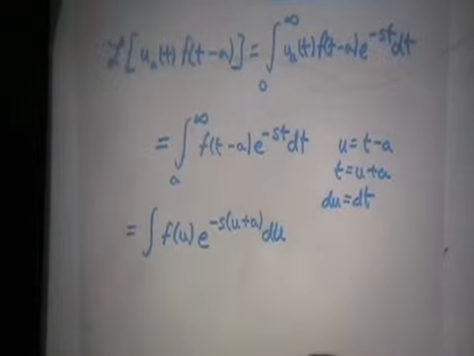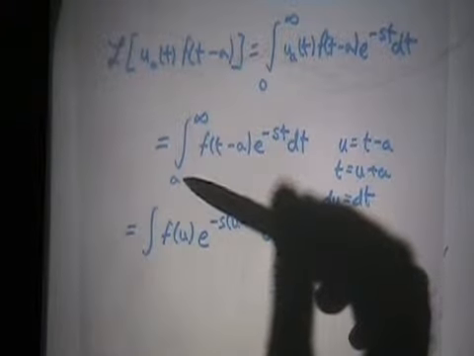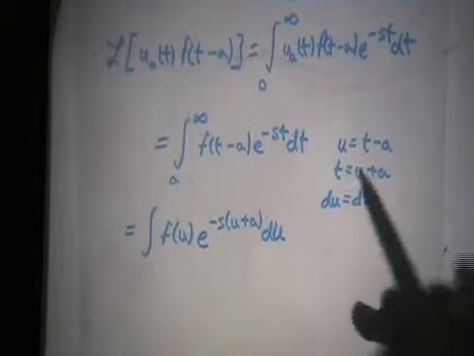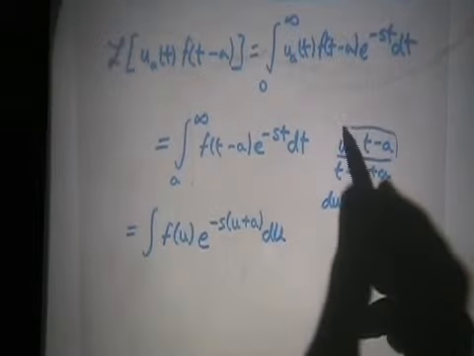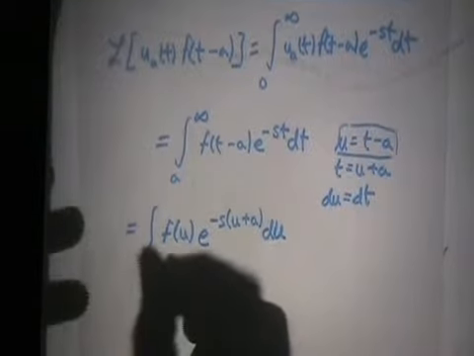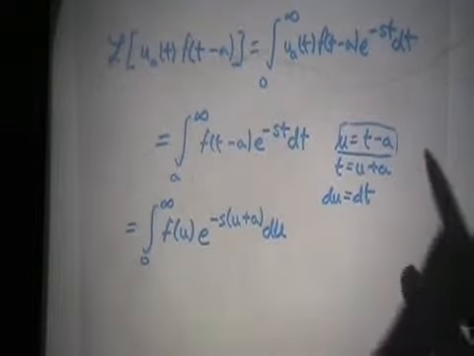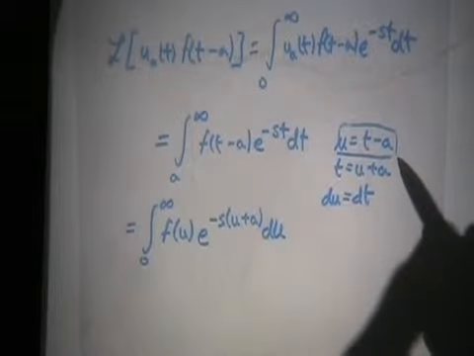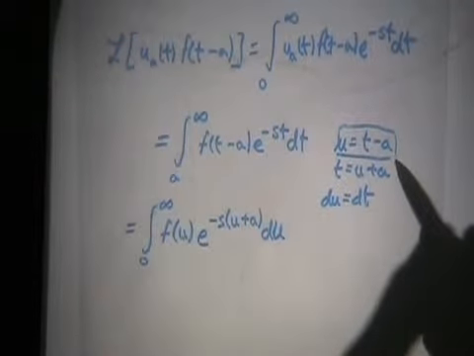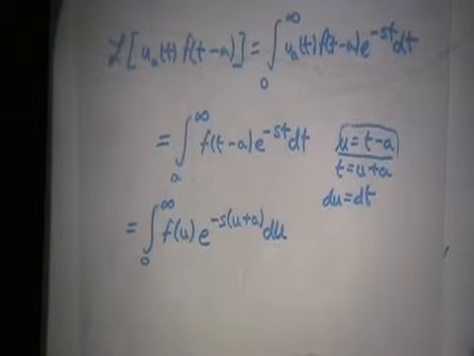And the limits of integration have to be thought about also. The lower limit is t equals a up here. Looking at this equation, that means when t is a, u is 0. So the lower limit of integration becomes 0. The infinity becomes infinity, in a sense, because infinity minus a is still infinity, though you really shouldn't think of it literally that way. But you can prove that the infinity is going to stay as an infinity.